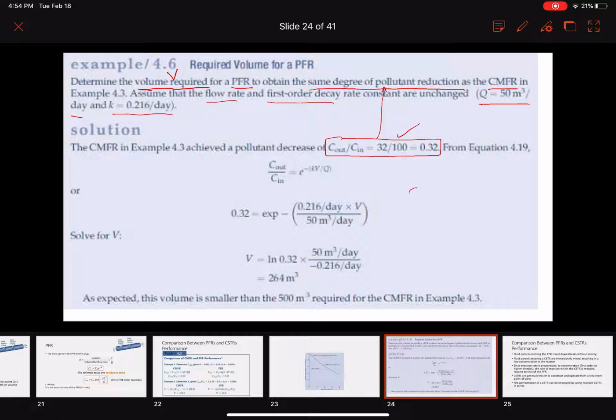Remember the plug flow reactor: C out, or C final, is equal to C initial, or C in, times e to the power minus K t.